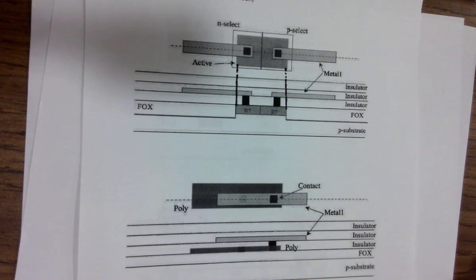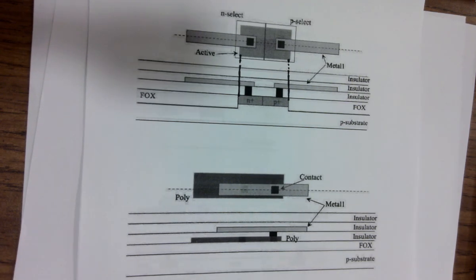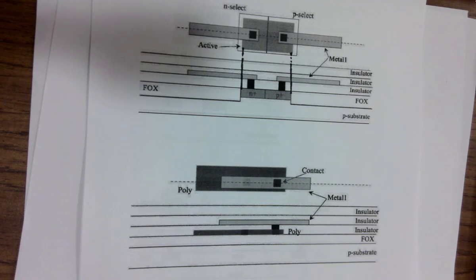Good question. So you are talking about doping N plus or P plus at a different time, or doing them right next to each other. In this case, you're doing them right next to each other, where there's no boundary for error. There's no more overlap with your P act.